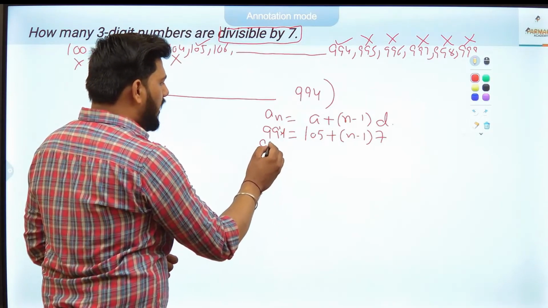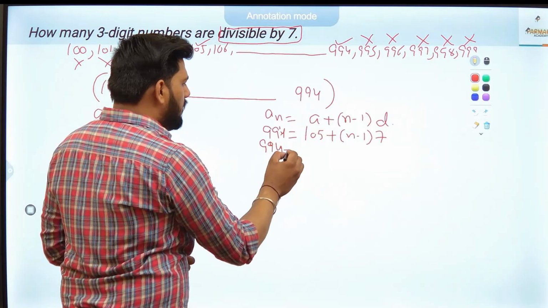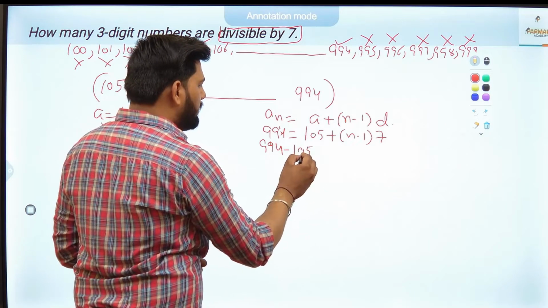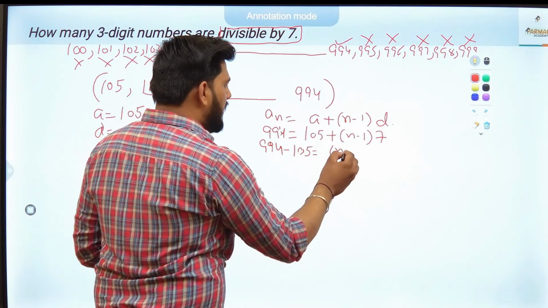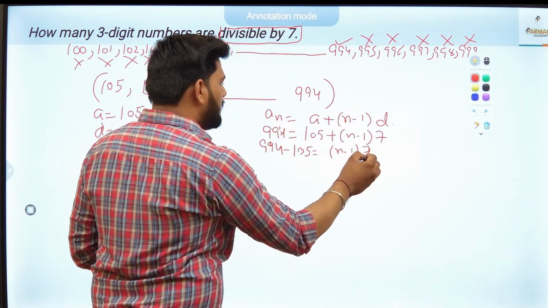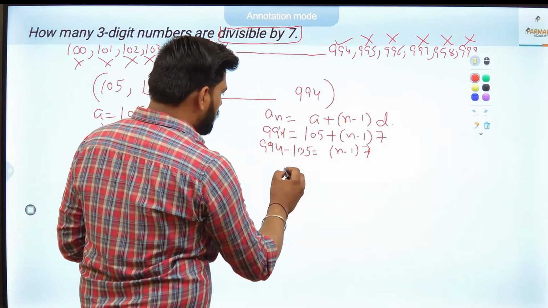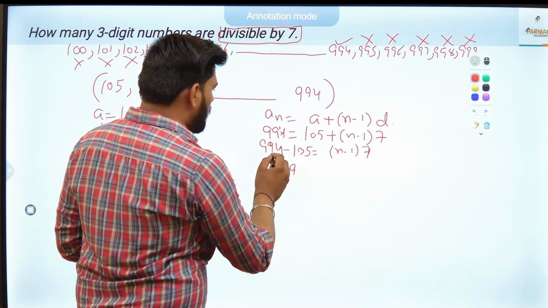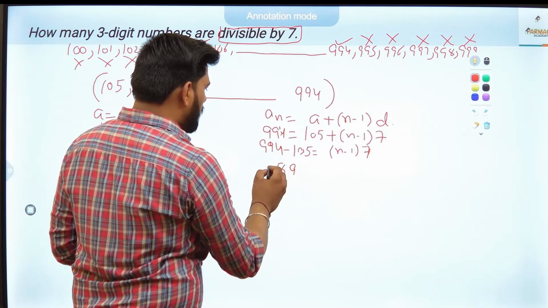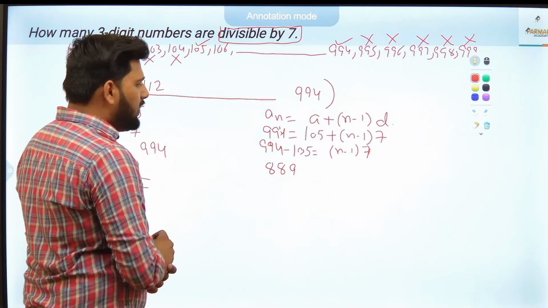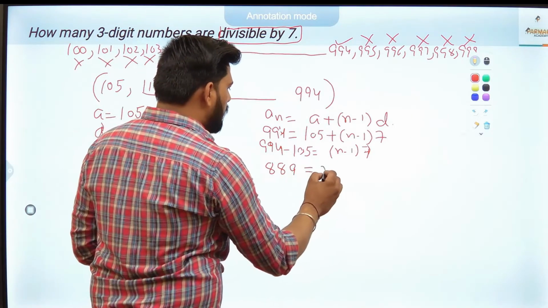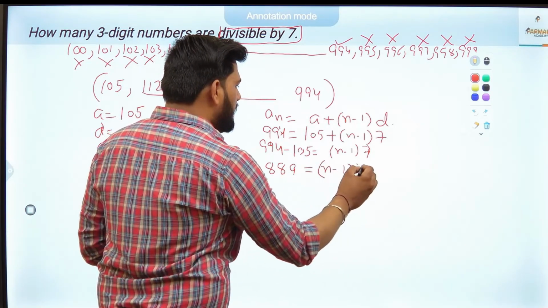So 994 minus 105, that is n minus 1 times 7. That is equal to 889 is equal to n minus 1 times 7.